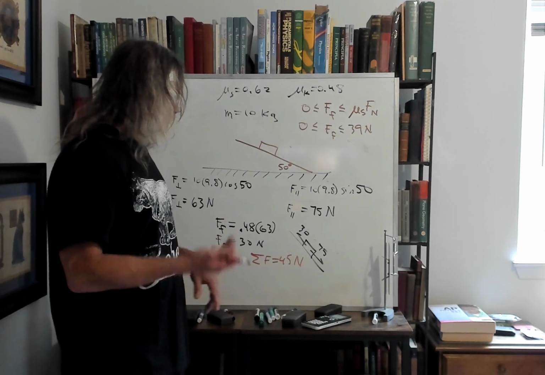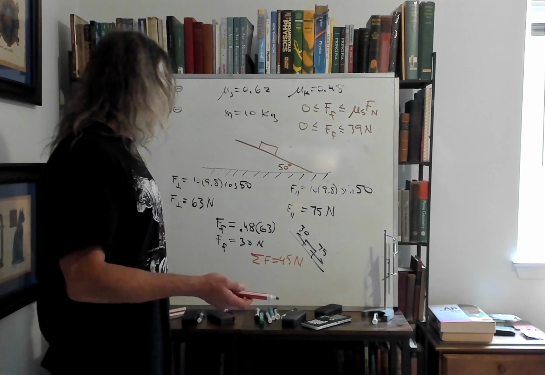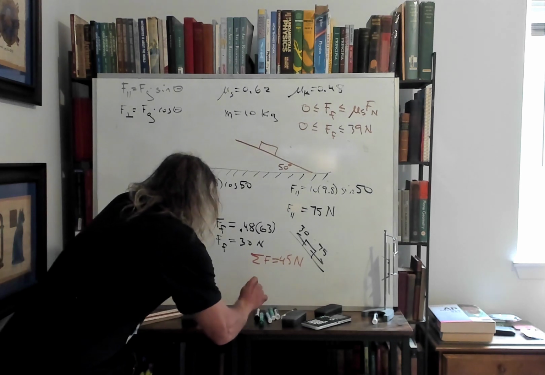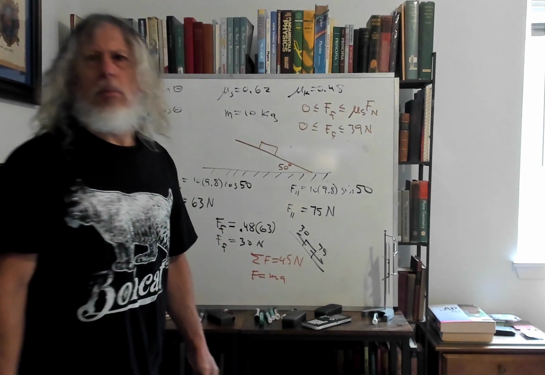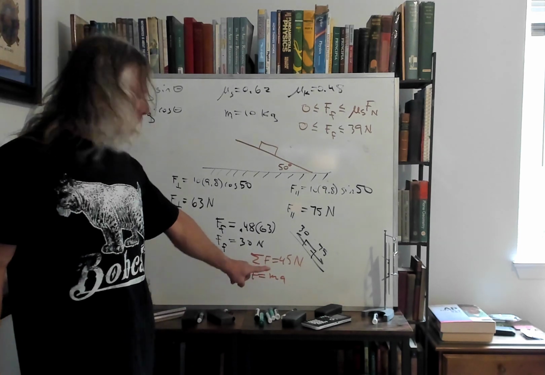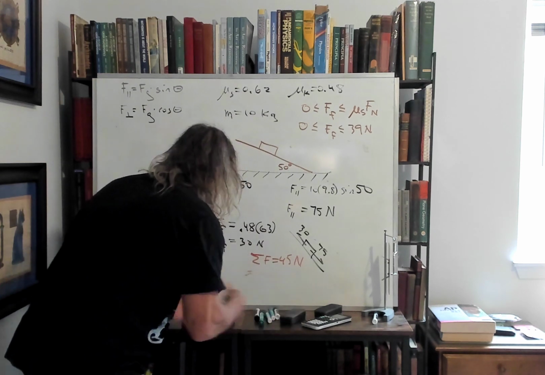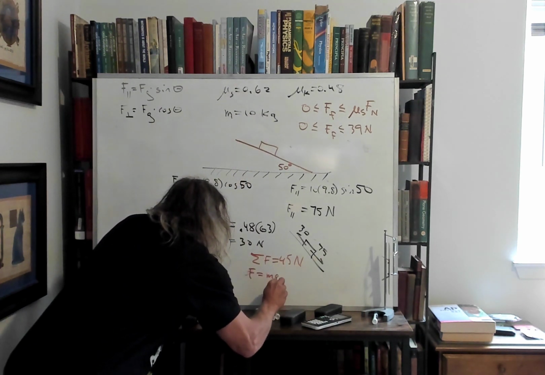So we got to this, and 45 newtons. Then Newton's second law, we get the net force, divide by the mass. F equals ma. Is that showing? Yes, on the screen. So F equals ma.